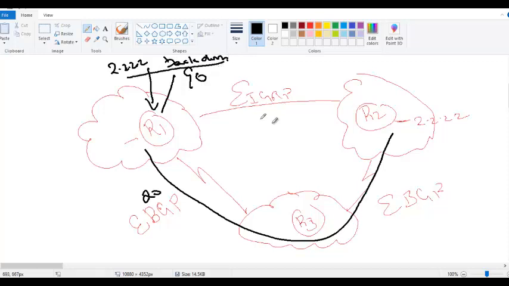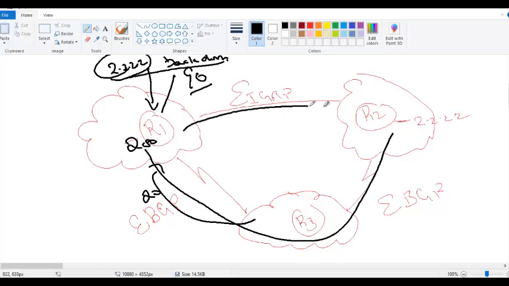As soon as you say this, for that network alone, router 1 will make the administrative distance 200 locally. Even though it is learning from EBGP, it will say it's not 20, it is 200. As soon as router 1 makes it 200, it will start using this path.